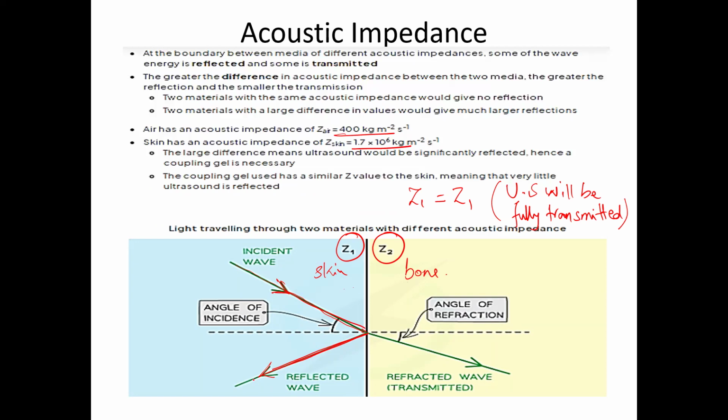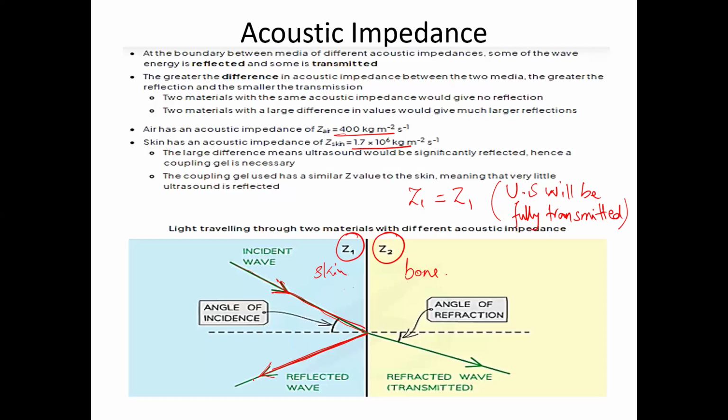So for this, what do we do? On the body, you must have seen that whenever an ultrasound is happening on a patient, they actually apply some gel on the skin, and that gel is called coupling gel. That coupling gel has the same acoustic impedance as that of the skin.